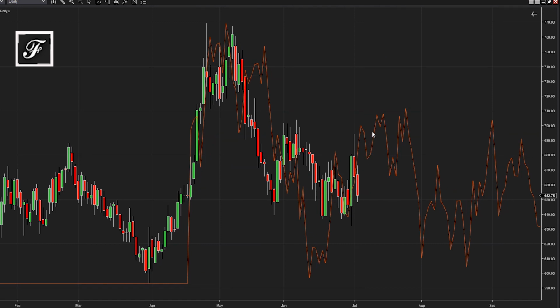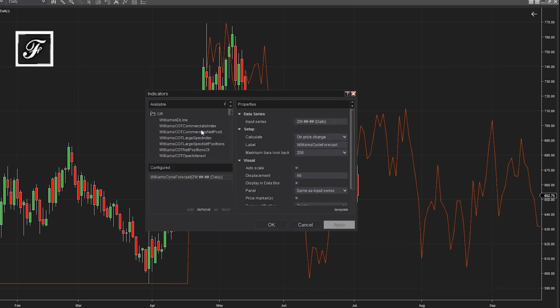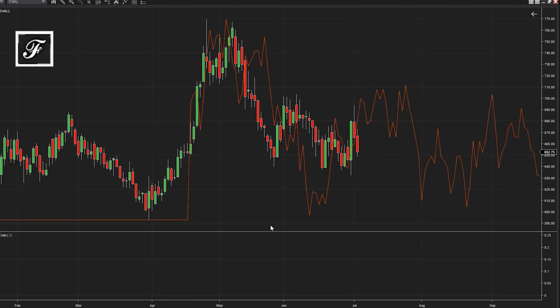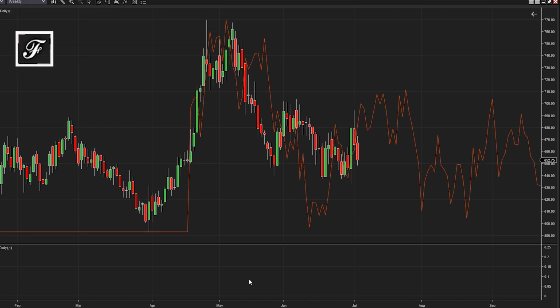Somewhat later we can expect some rally, if anything else can confirm this. By the way, for agriculture sector, I check also a seasonal indicator, which works not bad. I trust cycles more than seasonal indicator. Oh, sorry, it's not working on daily. I forgot, it's only for weekly chart.